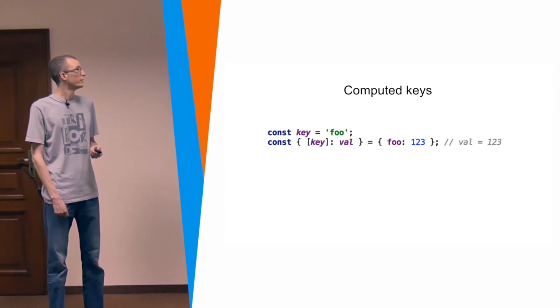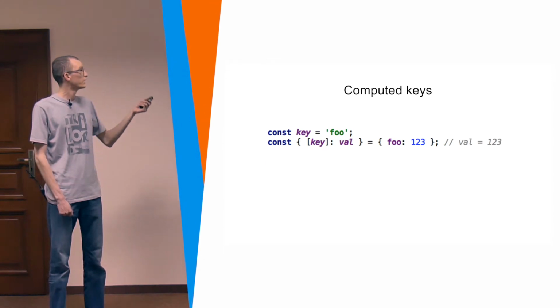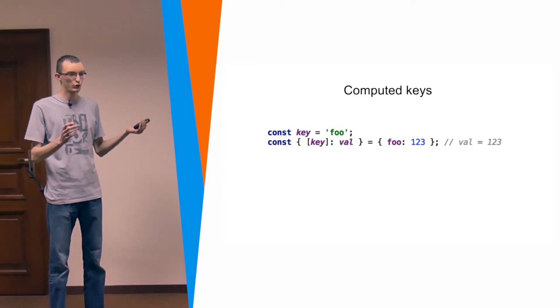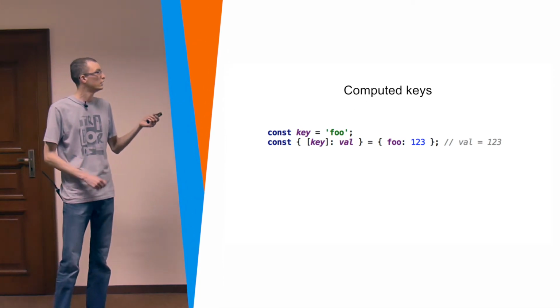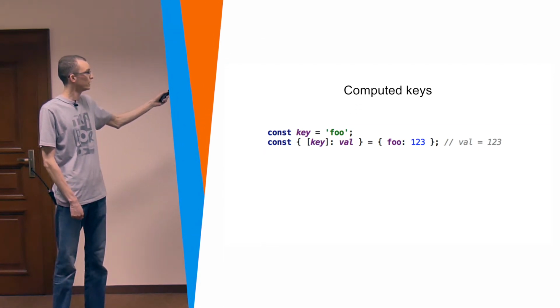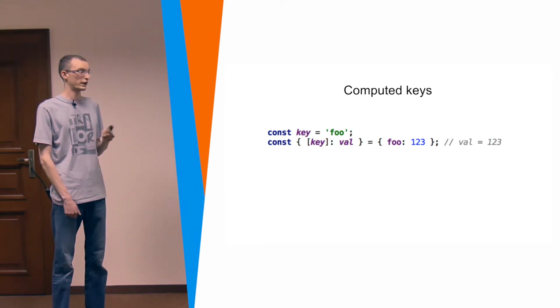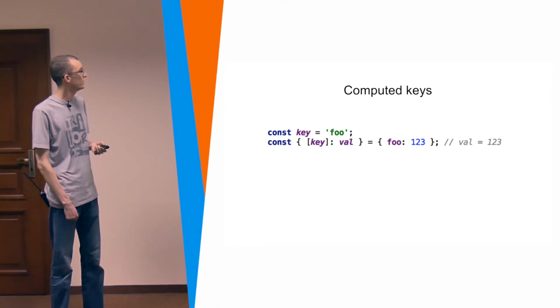Another thing is computed keys. Here we have a variable where we define which values we want to get from the object, and we use it to assign a value to a variable. In this case, it's 1, 2, 3.